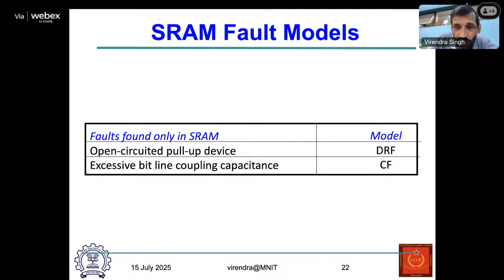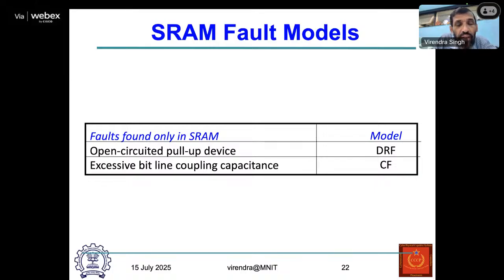There are some faults which you can get only in the SRAM, like for example open circuited pull-up devices. The pull-up transistor itself can go open.